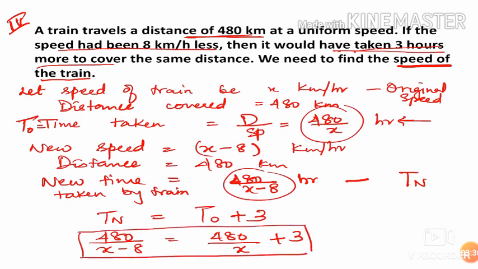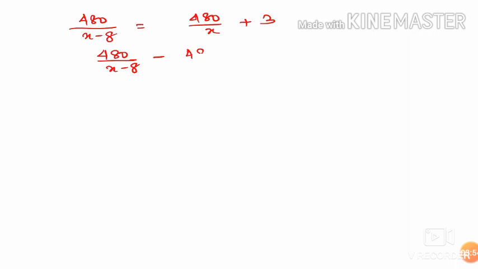It needs to be written in the standard form. So let's write this in the standard form. 480 upon x minus 8 is equal to 480 upon x plus 3. Shifting x terms to the left side, 480 upon x minus 8 minus 480 upon x is equal to 3.